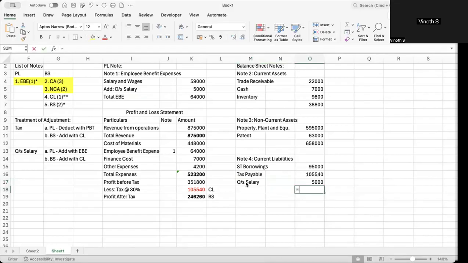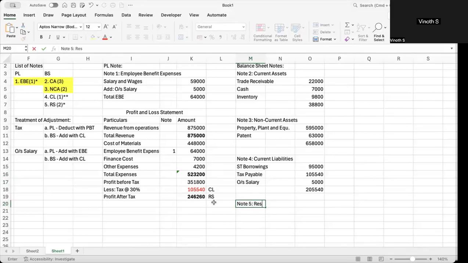Therefore, your total current liabilities are 2,05,540. Now the final note. I think you can do slow and steady, it won't consume much time. Also, if you do it step by step, no single item is missed here.